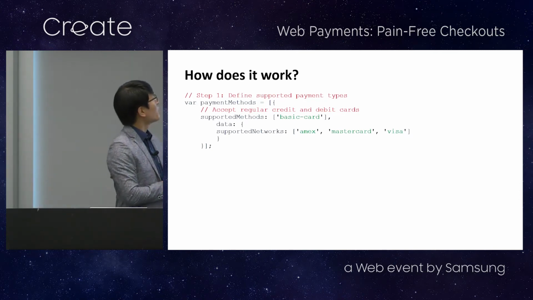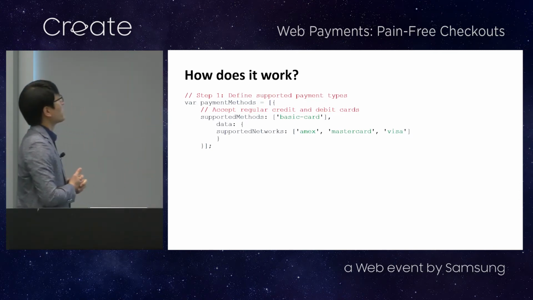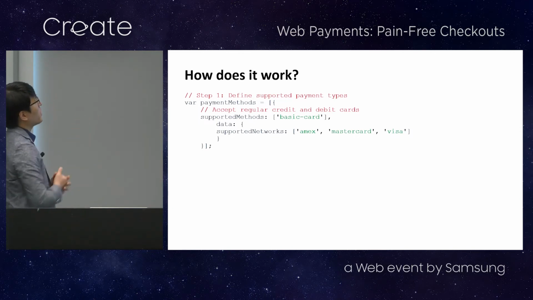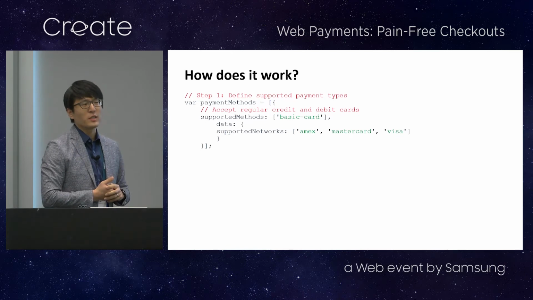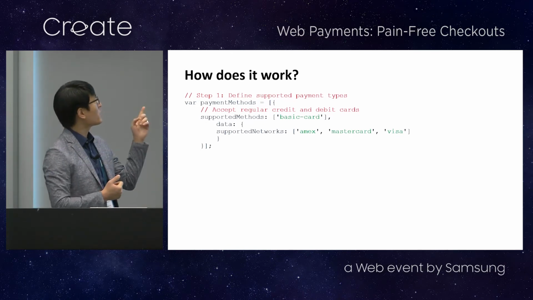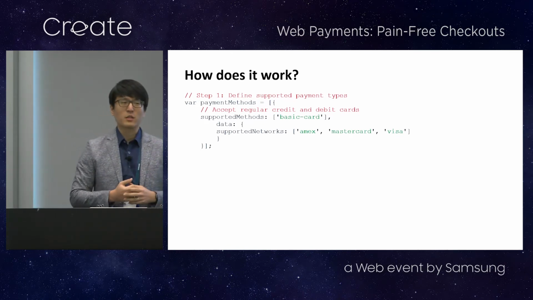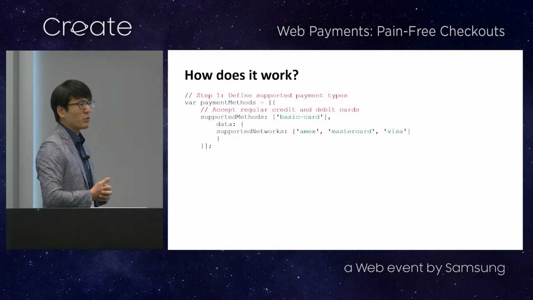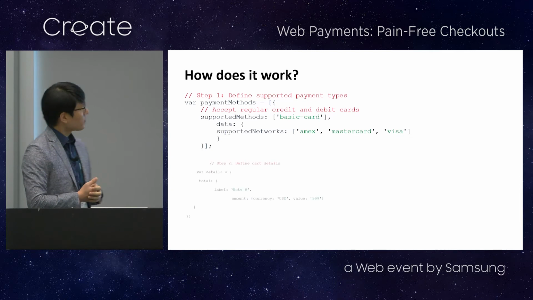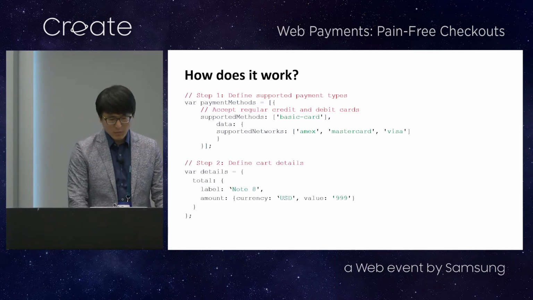The first thing is the payment method. We added just basic card for that demo, so you can only see credit card. But we can add more payment methods such as Samsung Pay, and we will show you how Samsung Pay works with this API. For the demo, we use the basic card.